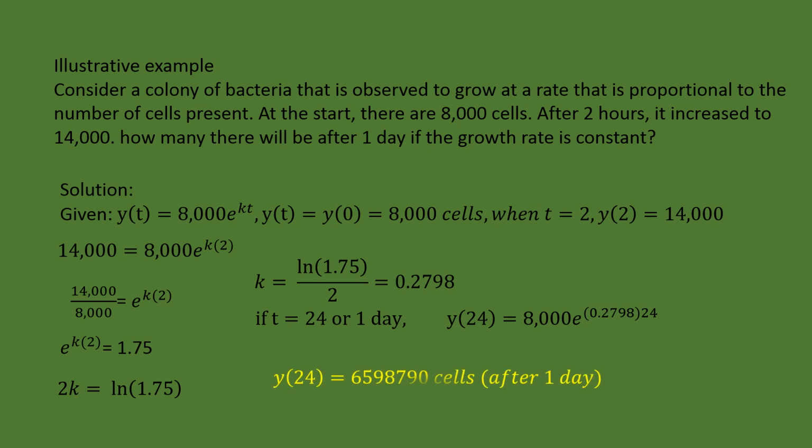Simplifying, we get y of 24 is equal to 6,598,790. That is not cells, that is actually bacteria. So that is the number of bacteria after 1 day.